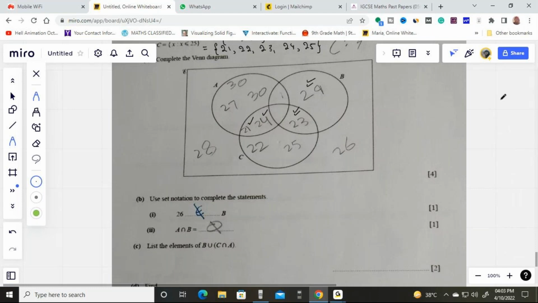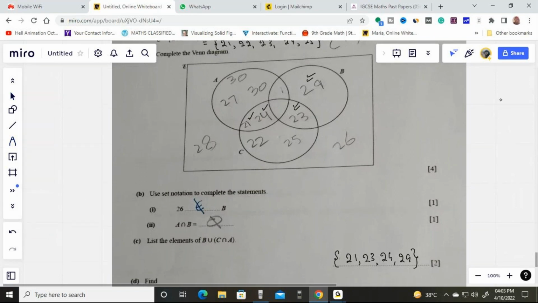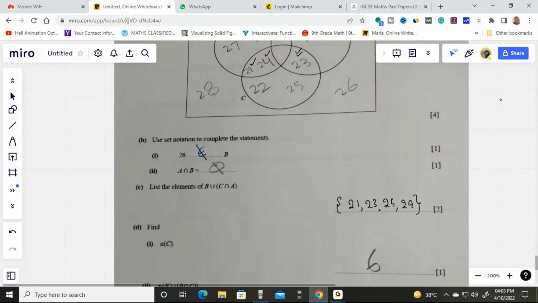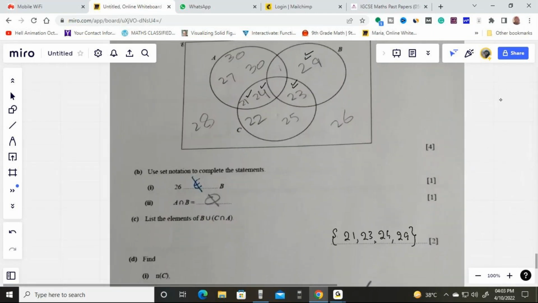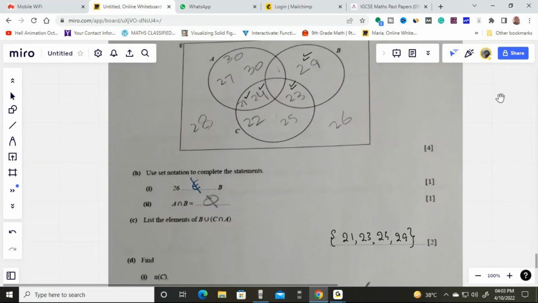The elements are going to be written in set form, 21, 23, in nice ascending order. Don't write them in a haphazard way. In a set, we always write the elements in ascending order, all right? So now n of C is 6, that's correct. We have 6 elements in C.